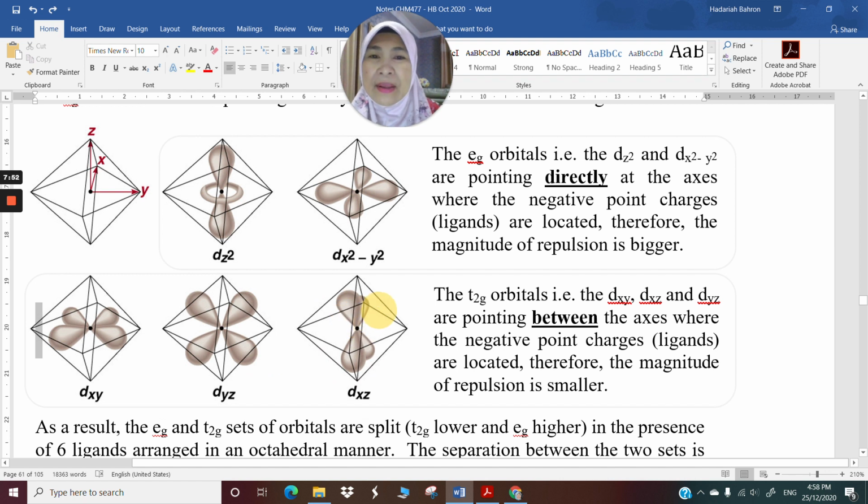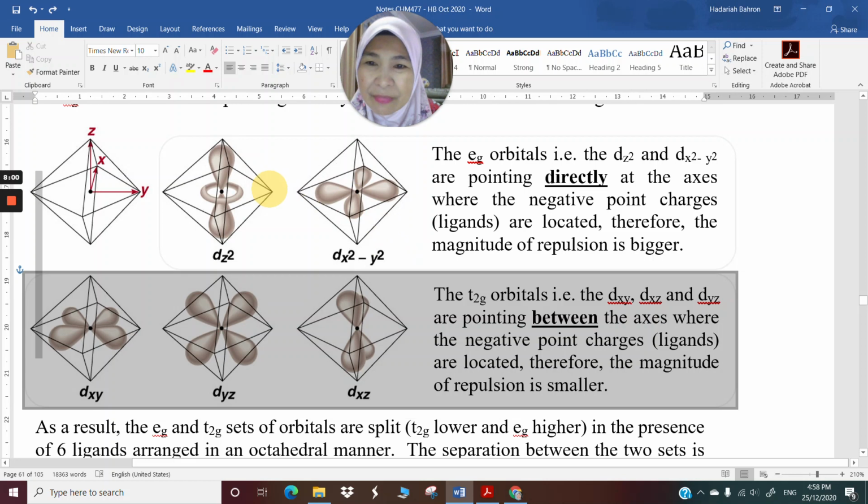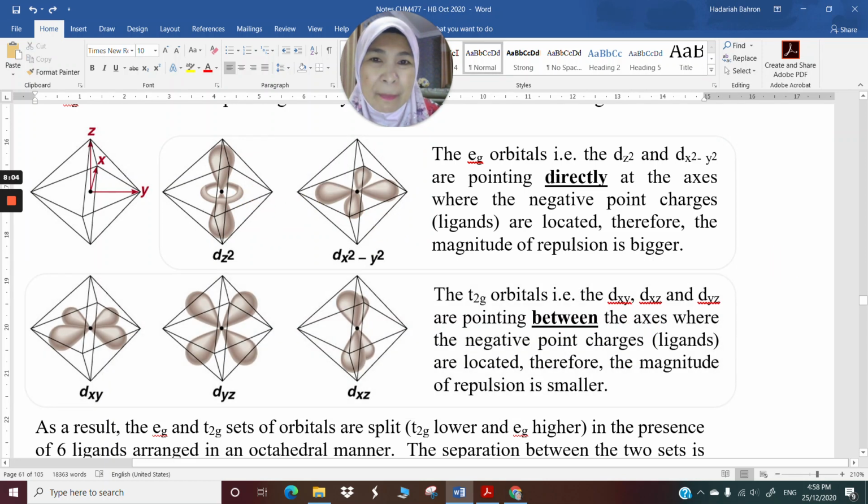Dyz, you can see the lobes are pointing between the axes, and the xz also the lobes pointing between the axes. And because of the orientations of these lobes, the interaction between the electrons living in 5 different orbitals will be different when they are repelled by the electrons in the ligand.